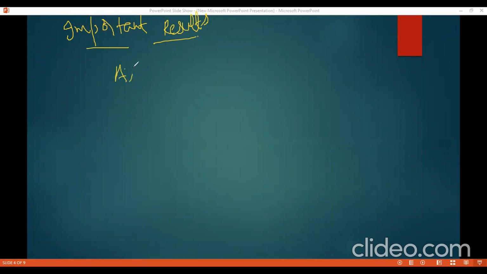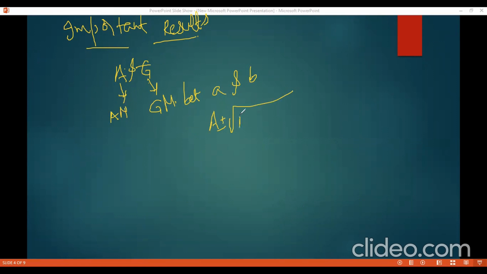Let A and G be the AM and GM between A and B. Then A and B are A plus G into A minus G, under a root.